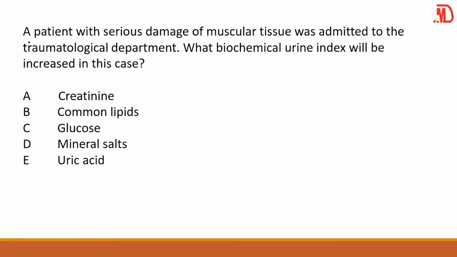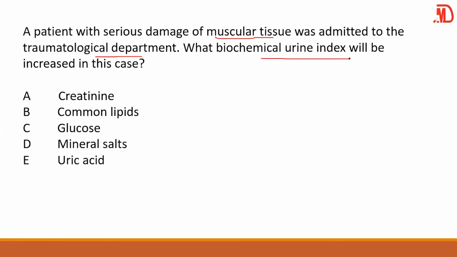Now we have a patient with a serious damage of muscular tissue. If you remember, I made mention that anytime we have muscular tissue, we are thinking of creatinine level being present. This patient was admitted to the traumatological department. Biochemical urine index.